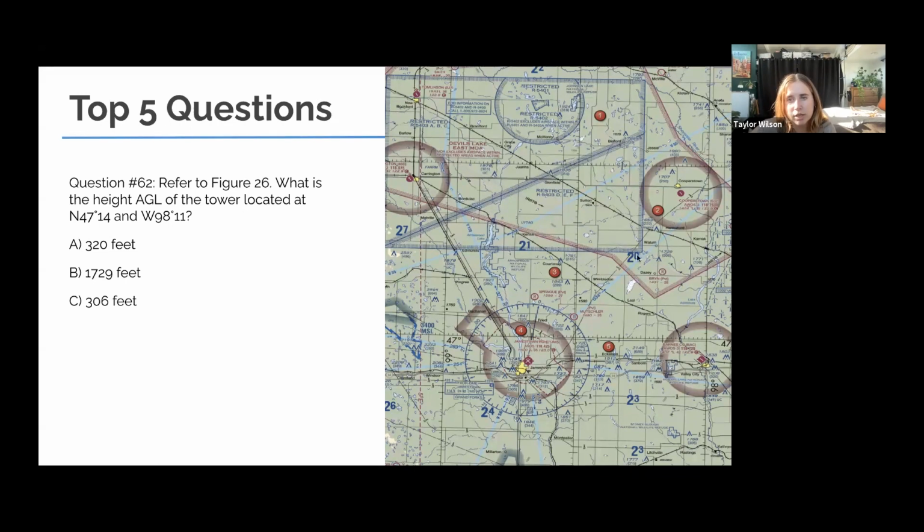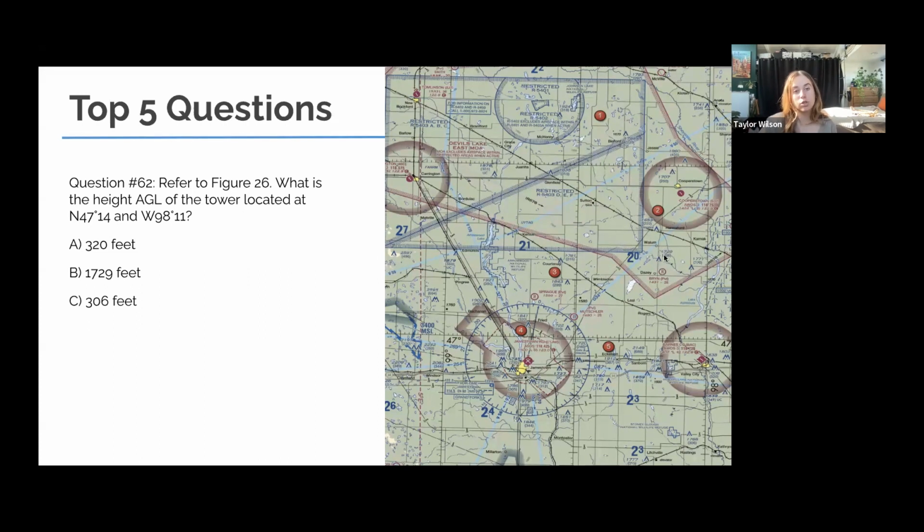I'm going to draw an imaginary line across like that. That's our 47 degrees, 14 minutes. And we have 98 degrees, 11 minutes west. Here's 98, and this would be 98 degrees, 30 minutes. We're looking for 11. So here's 98, 10, and then one more gives us 11 minutes. Then we draw our line straight up like this. Where those two intersect is this tower here.